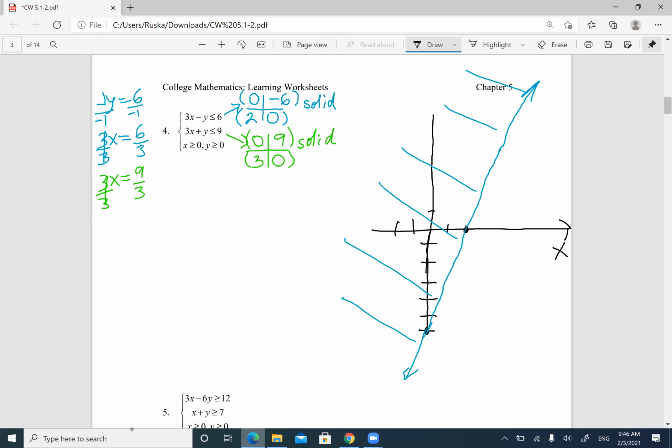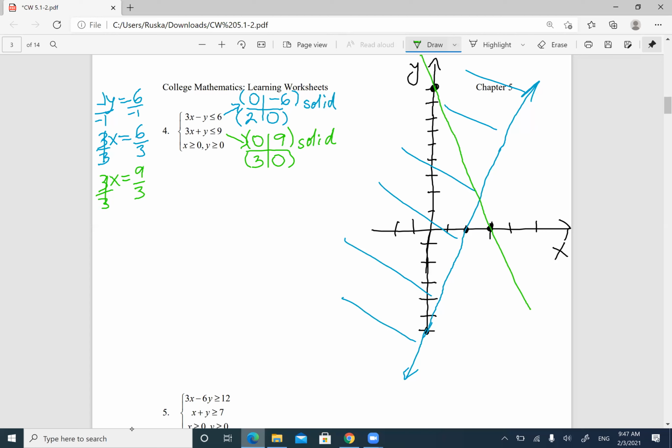Okay, so I have 1, 2, 3, 4, 5, 6, 7, 8, 9. So that's the first point. And then 3, 0. So 3, 0 is right here. Okay, and then I'm going to graph the green line, which is the second inequality.